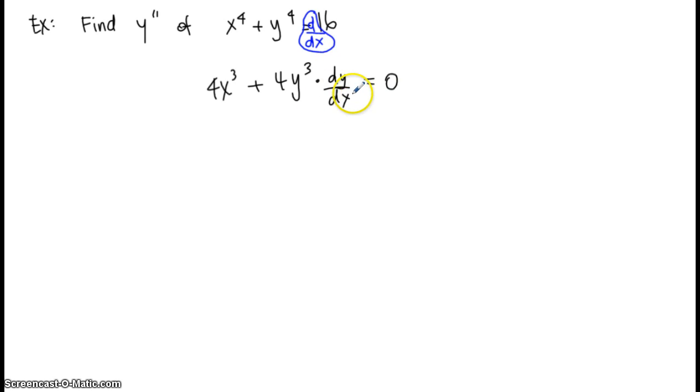Before I start taking the second derivative, it does make it easier to get that dy dx by itself. I get negative 4x cubed over 4y cubed, so I get negative x cubed over y cubed.